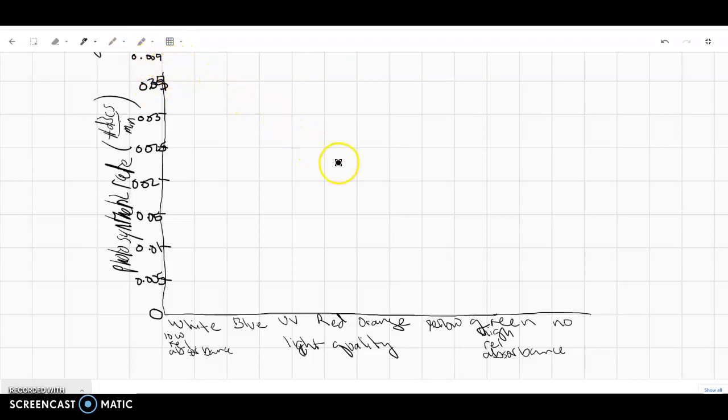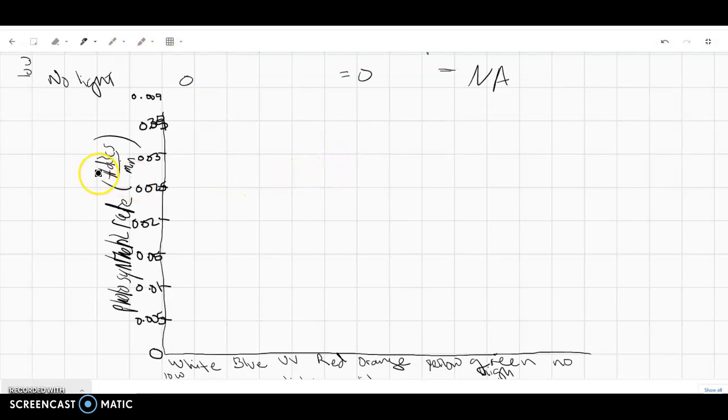Alright, so now what we need to do is go ahead and draw in our bars. So white light had a mean of 0 and a standard deviation of 0, so it just sits right on that line. Make that line a little bit thicker so we can see it there, but it's right on the line.